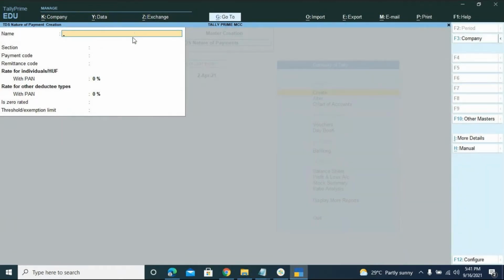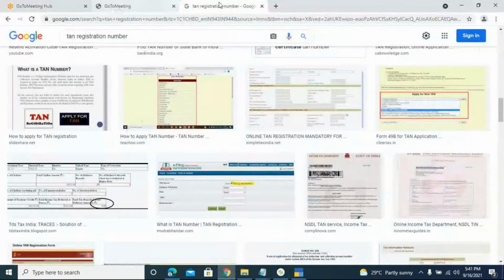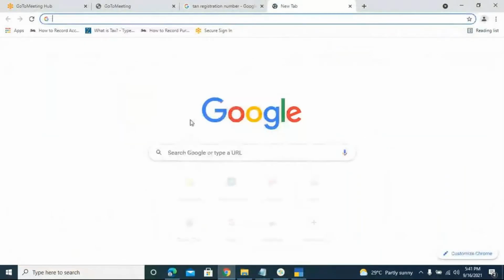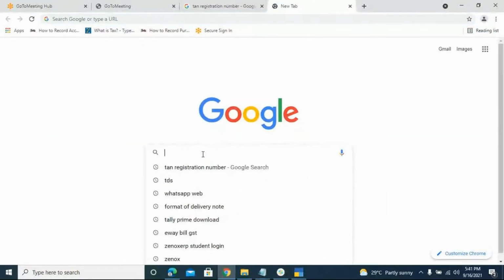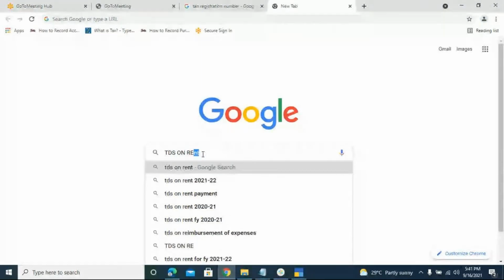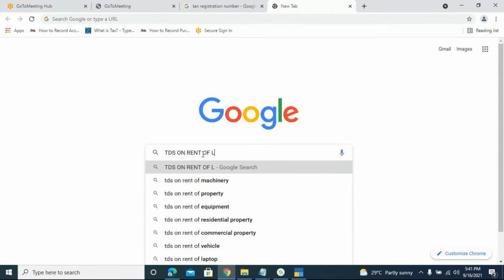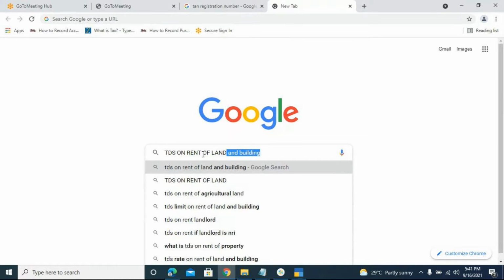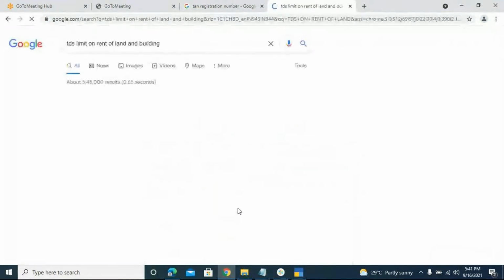Now let's record the TDS rate for one of the TDS based entries. Now here, let's find out for TDS on rent of land and building. Threshold limit, I can say.